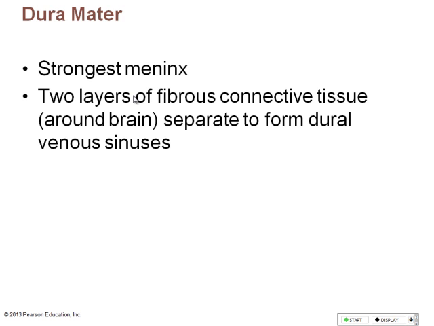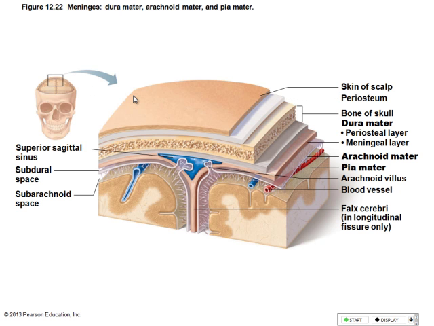No. She's talking about the actual periosteum, right below the skin. This periosteum is not connected to the bone. It's sort of above the bone. There is a periosteum on the bone too. But this periosteal layer of the dura mater is not connected to the bone. It's just up against it. Make sense?